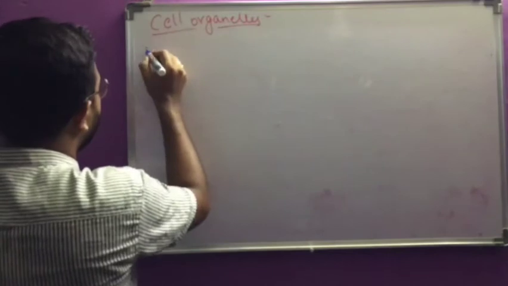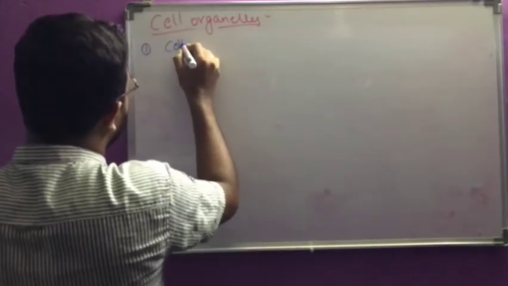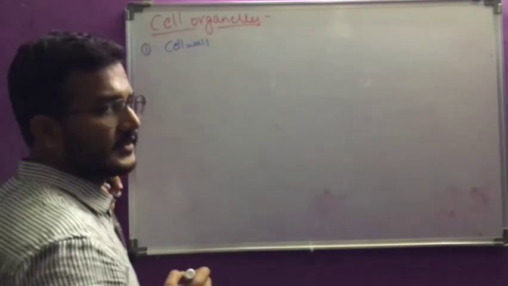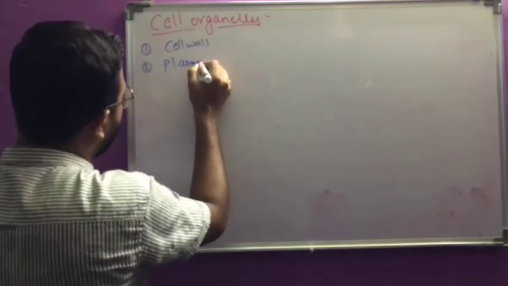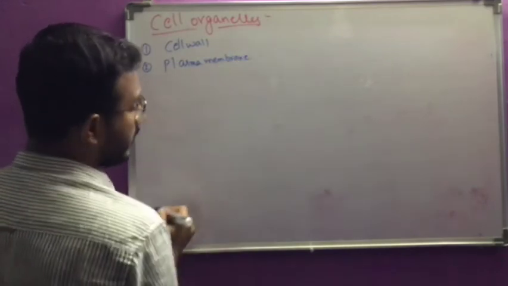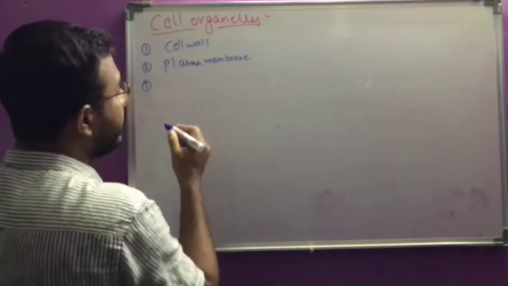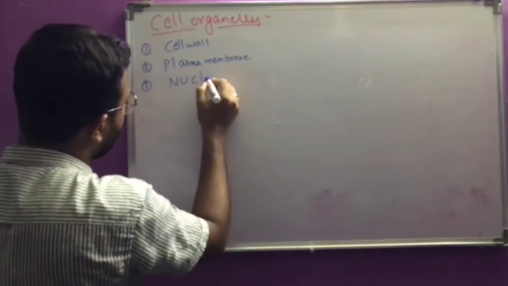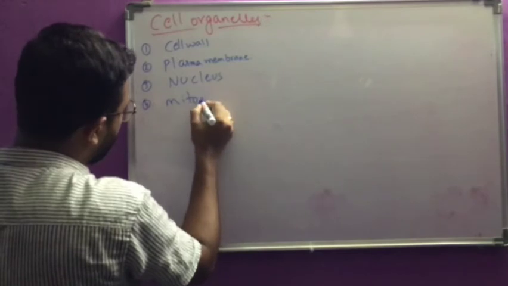As a part of that, I will give you the list of cell organelles. First of all, we will start from the cell wall. It is the outermost layer of a cell. The second one is the plasma membrane. This is the second outermost layer. And the most important cell organelle, which controls all the functions of the cell, is the nucleus. The next one is mitochondria.